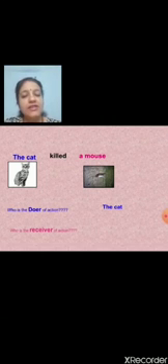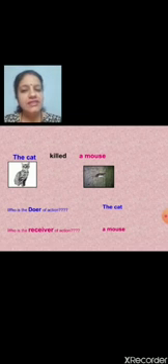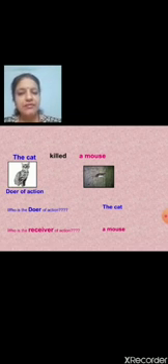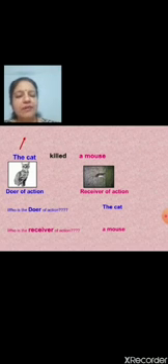Who is the receiver of the action? Who is receiving the action of getting killed? Yes, it's a mouse. So in the given sentence, you need to know who is the doer of the action and who is the receiver of the action. The doer of the action is always said to be the subject.